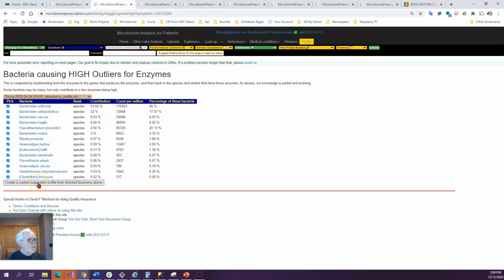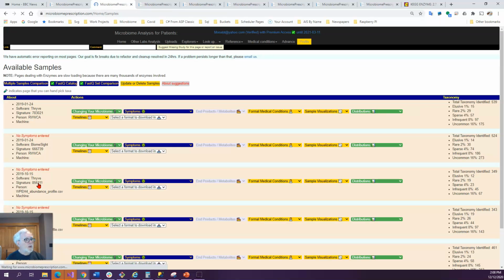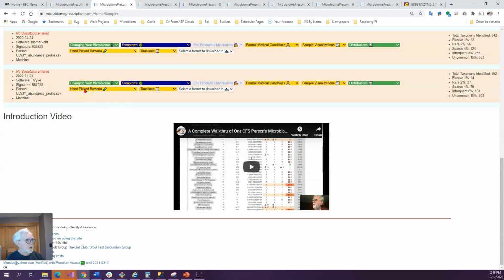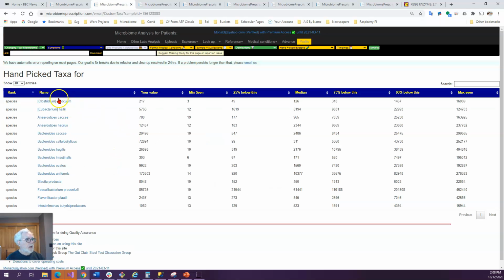And now if we click create a custom suggestion from these things, what it does is create a hand-picked bacteria list, which I'll click here. You can view the hand-picked bacteria, and you'll see it's the same thing here. It will show the values in the sample, and then give you statistics about what the numbers are.